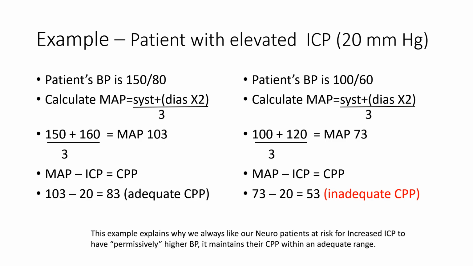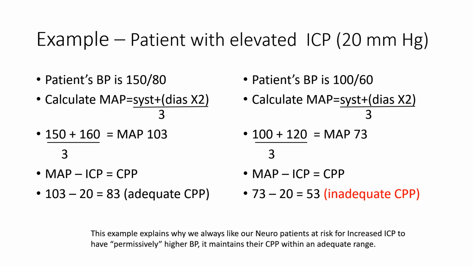Now, I realize that content that I just said was very complex, so I'm going to provide you with an example here. If we have a patient who has an elevated intracranial pressure of 20 millimeters of mercury, I want to show you how that affects their cerebral perfusion pressure based on what their blood pressure is.